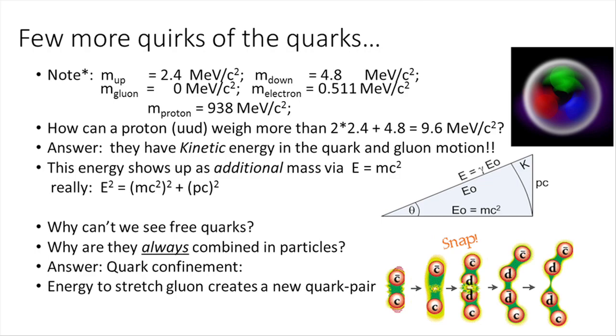If I do that, we basically see our picture of the proton really should look like this. This red, green, blue smear zipping around very, very fast, because that kinetic energy gets us all the way from 9.6 to 900. So believe it or not, you are about 99% energy.